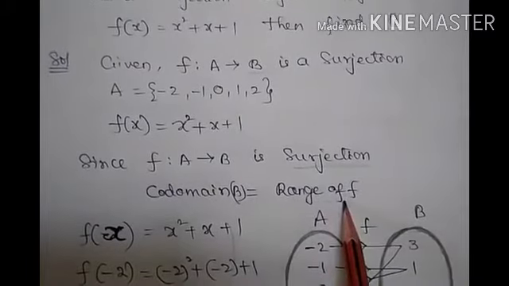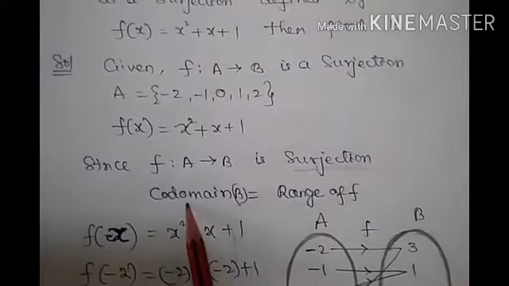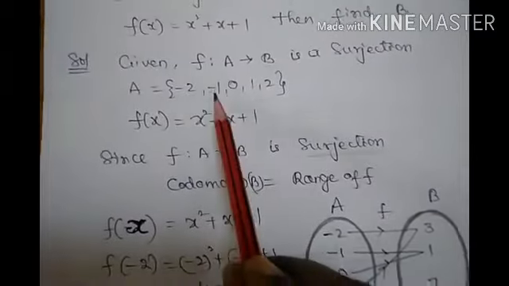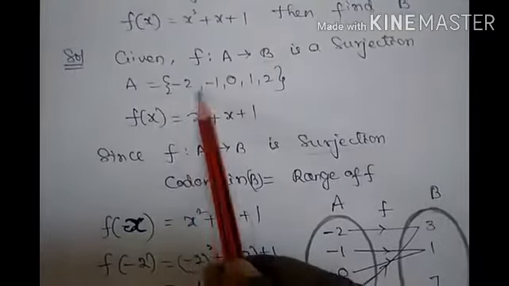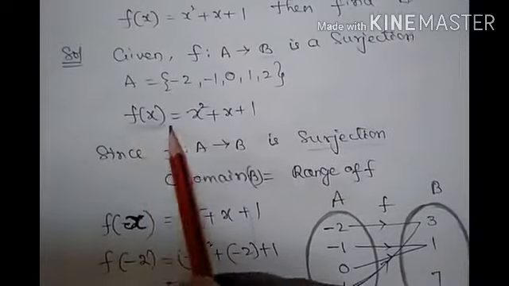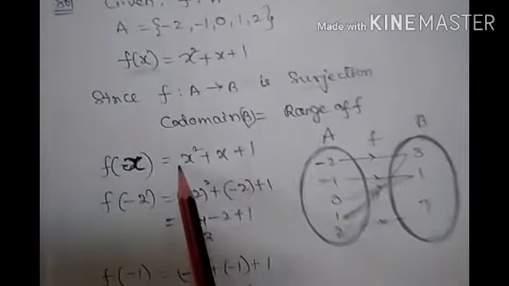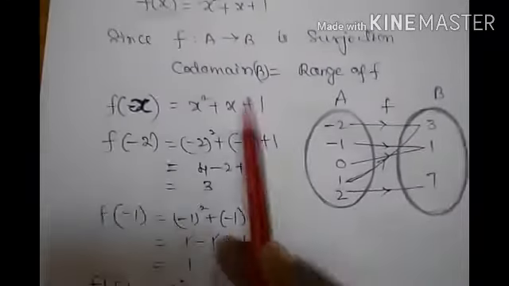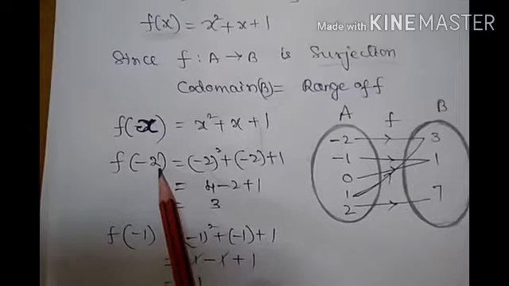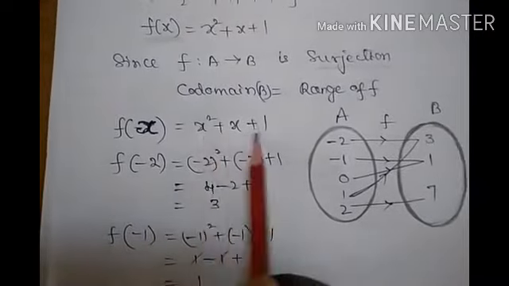If you find range of f, it is easy to get codomain. But how to find the range of f? Simply substitute all the values of domain in the function, that means applying all the inputs to this function. F of x is equal to x square plus x plus 1. If you take x is equal to minus 2, then substitute minus 2 in x.